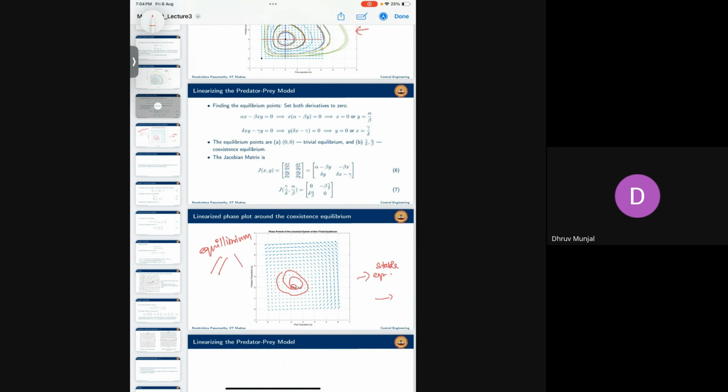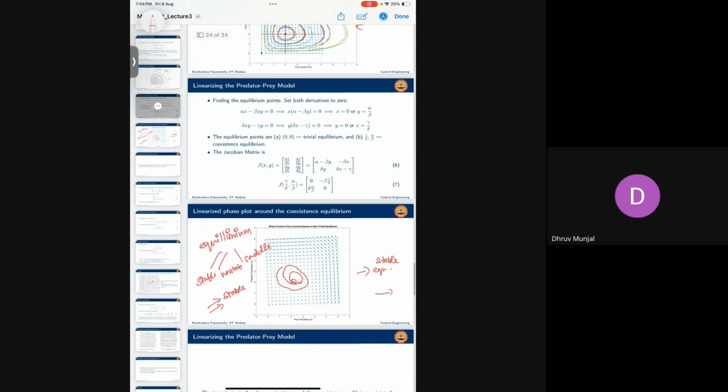We used to study whether it is stable, unstable, saddle, and different types of behavior of the equilibrium points for nonlinear systems. So I think you won't have it here. Just these phase portraits: all the arrows will go towards the stable equilibrium point. So we will know whether the equilibrium point is stable or not using this kind of representation.